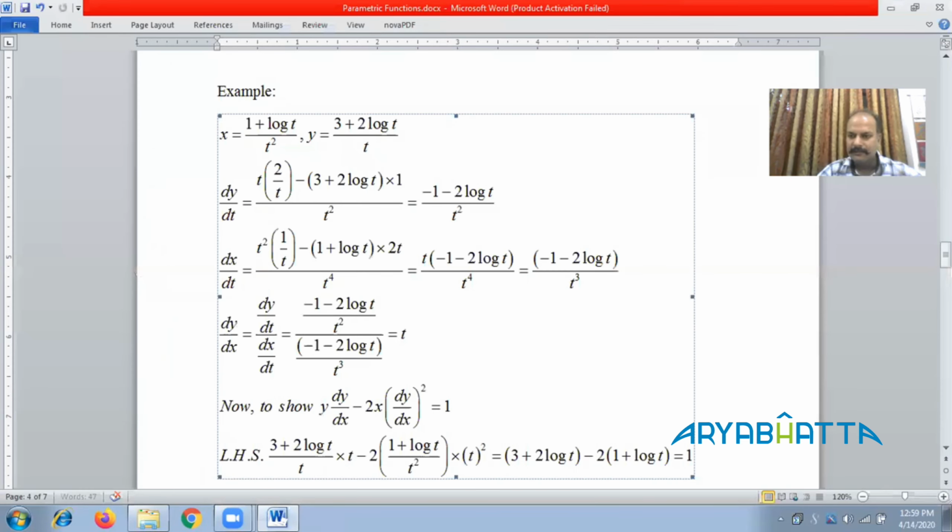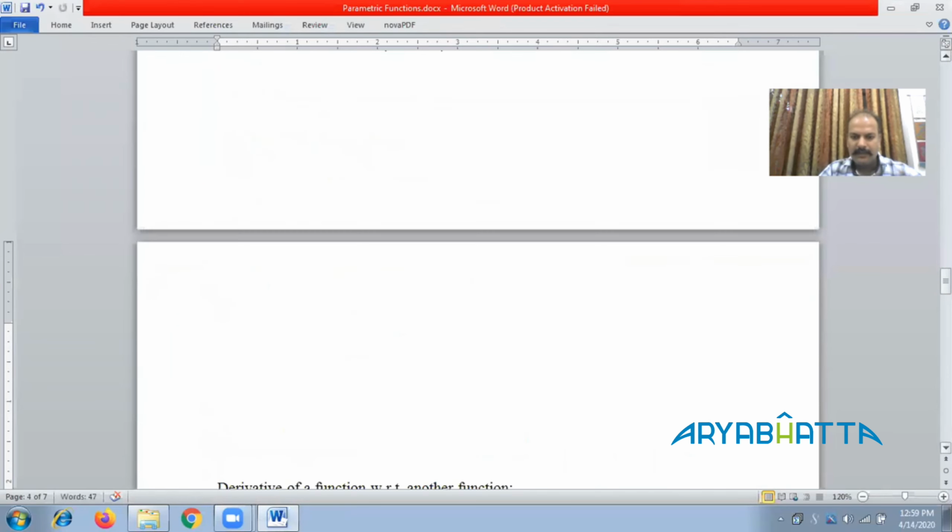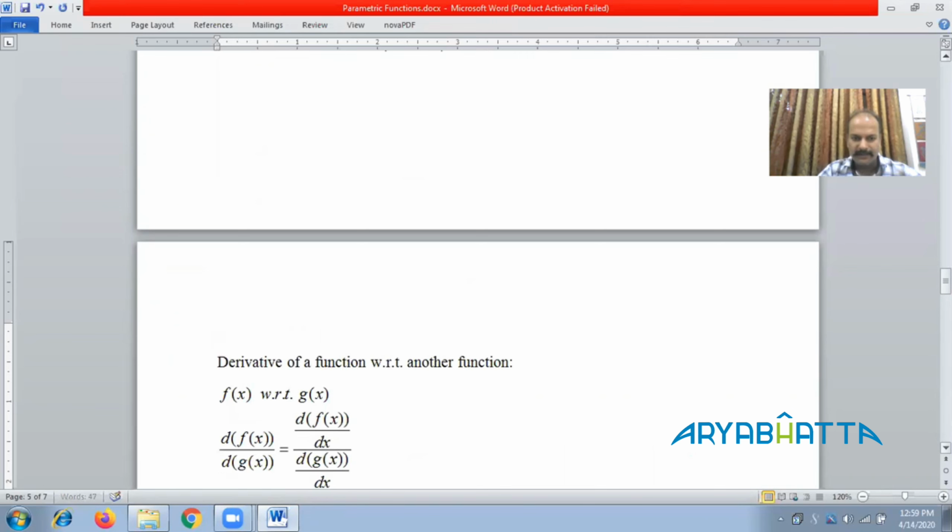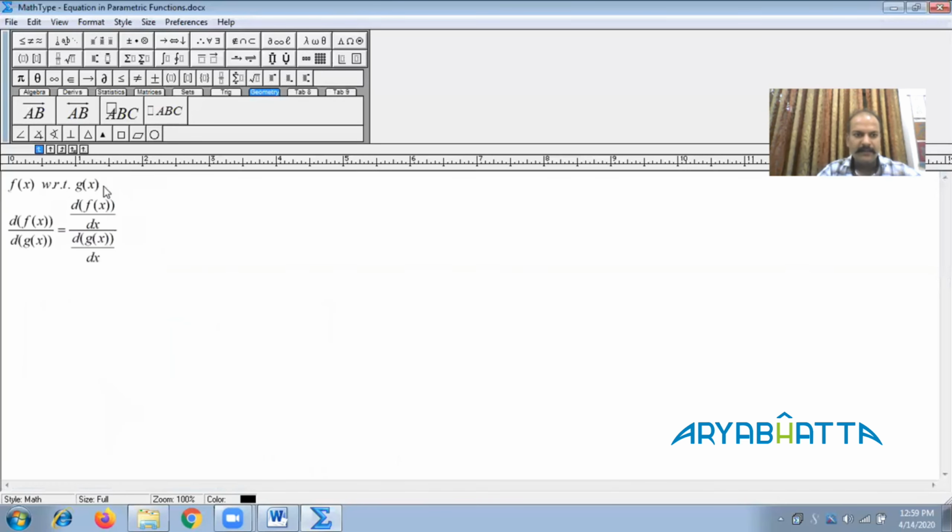Then next is derivative of a function with respect to another function. Suppose you need to differentiate f(x) with respect to g(x). In this case, what you have to do is suppose u equal to f(x), and similarly suppose that v equal to another function, g(x).